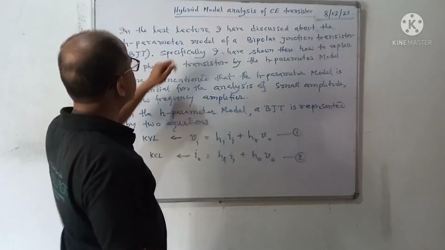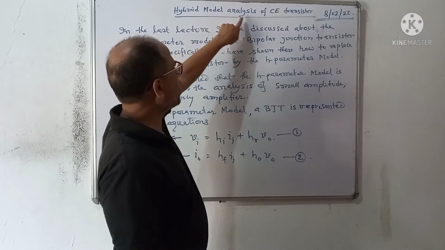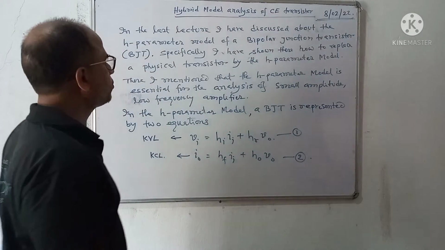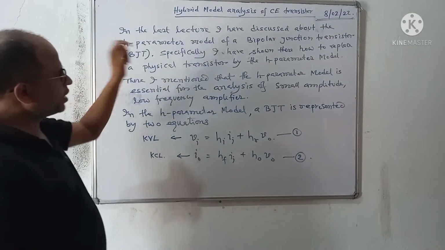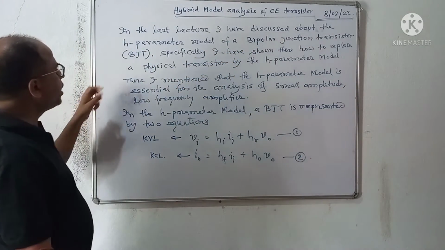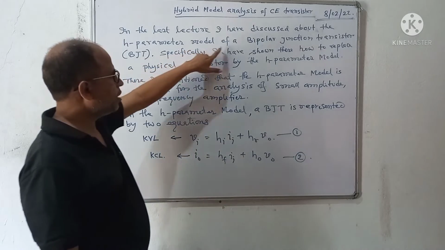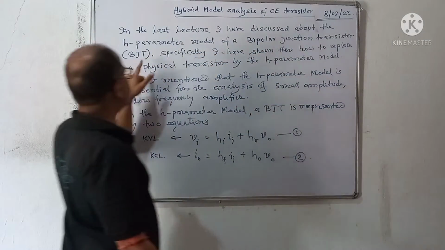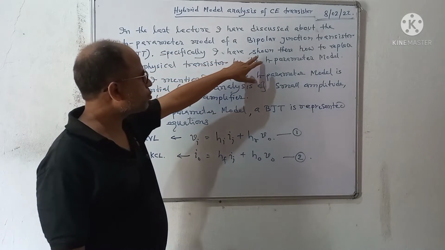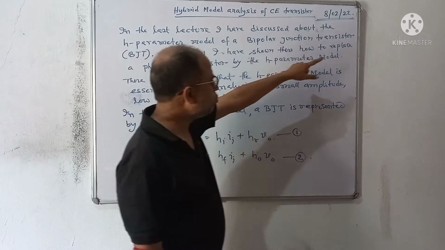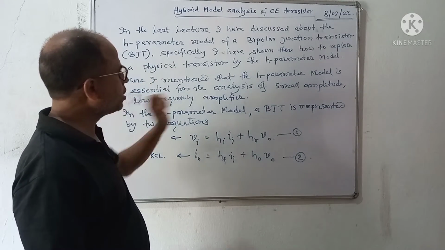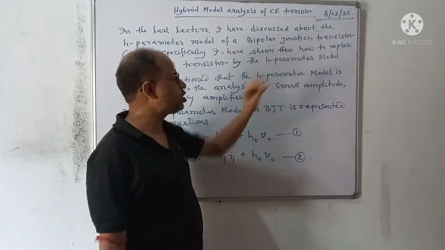Today I will discuss hybrid model analysis of common emitter transistor. In the last lecture, I discussed the H parameter model of a bipolar junction transistor. Specifically, I showed how to replace a physical transistor by the H parameter model.